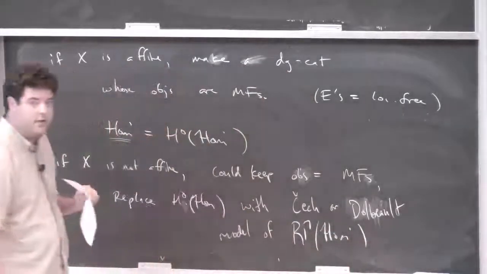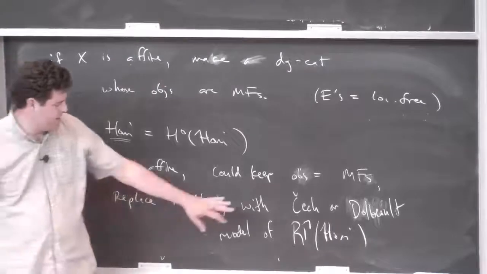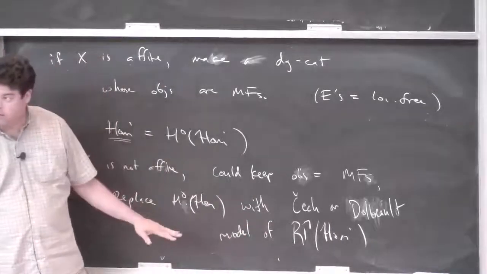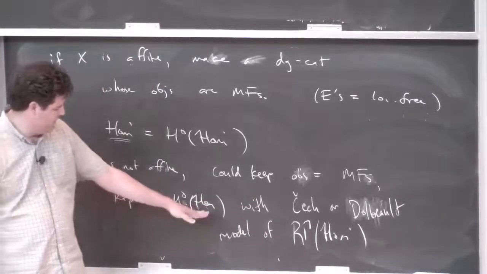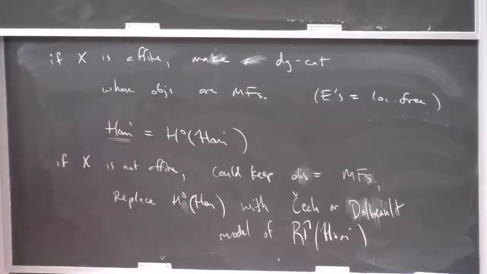So Sasha talked to you a little bit on Friday about how, if you have a finite affine open cover with all the intersections being affine, then you can make a Čech complex to compute the cohomology to make your DG category.